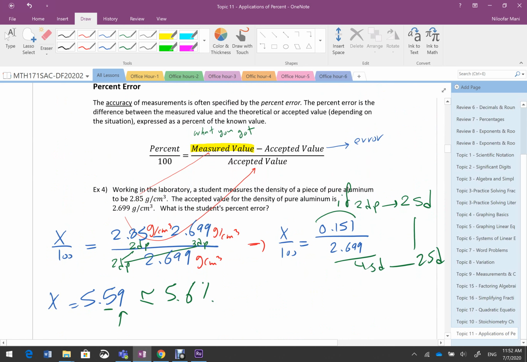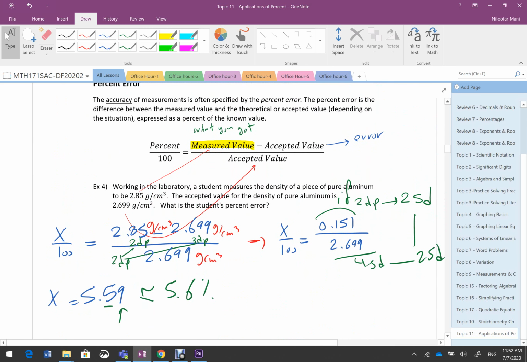How about percent error? Percent error is what I measure minus accepted value. That's the error, but it's compared with accepted value. Of course, I don't compare with my measured value. The denominator is my unit that is important for me: the accepted value, which comes from my teacher, from research, from the lab manual.